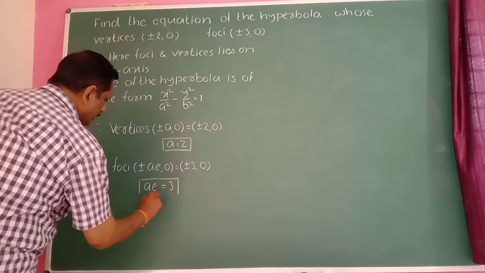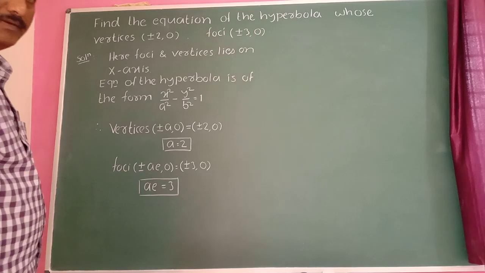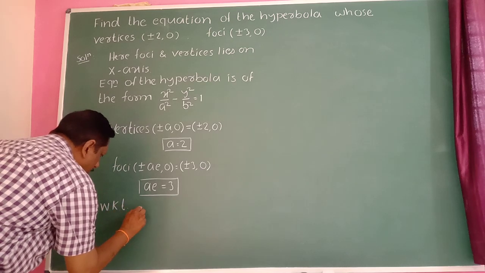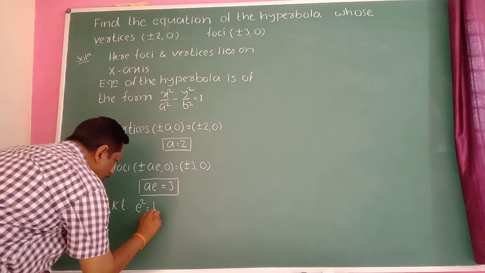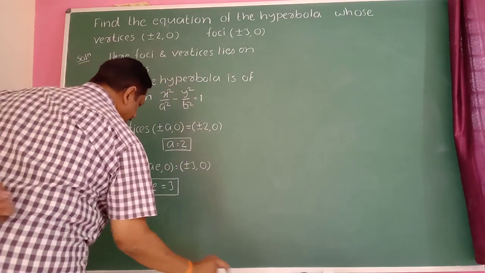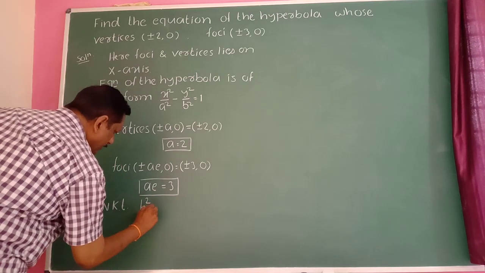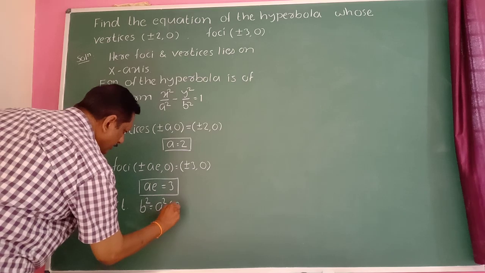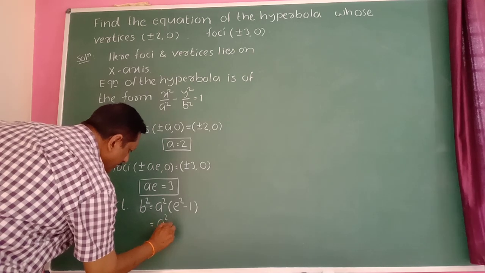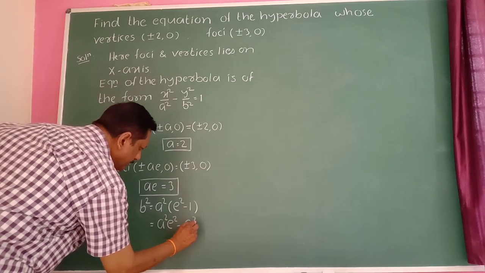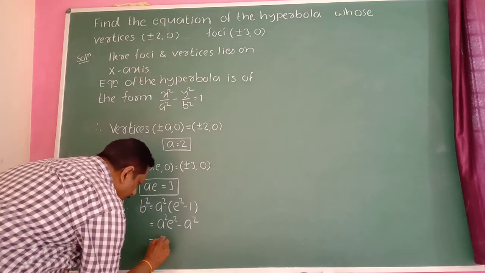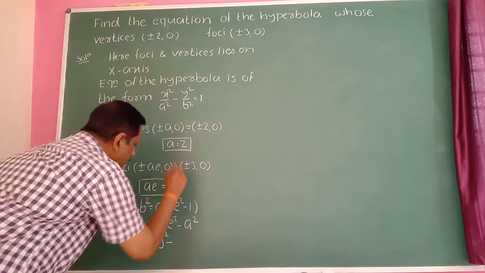Here we want the b value, so we use the formula b² = a²(e² − 1). Taking a² inside the bracket, b² = a²e² − a². Here ae is 3, so 3², and a is 2, so 2².